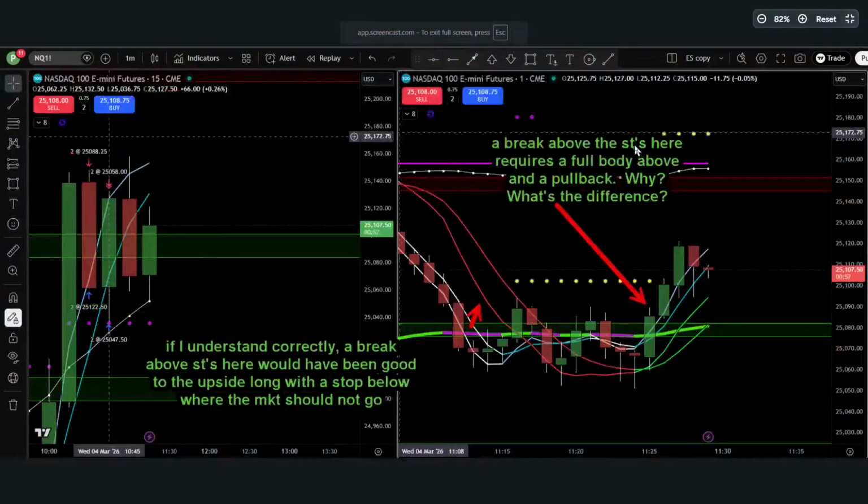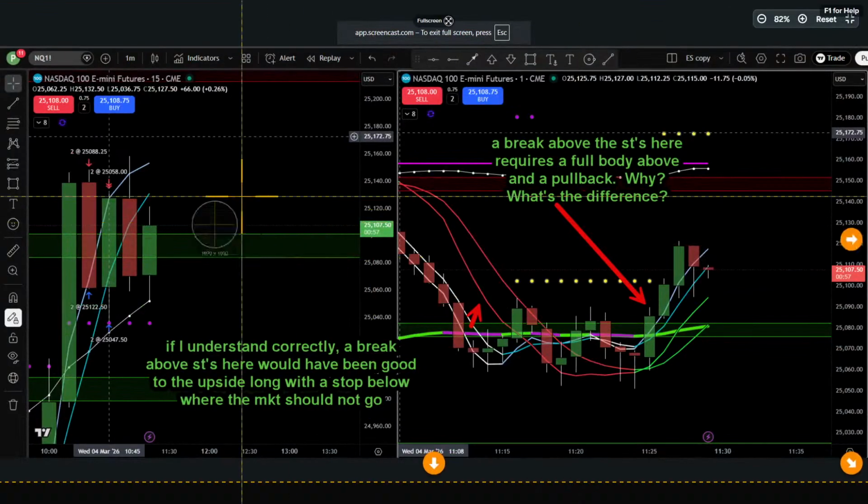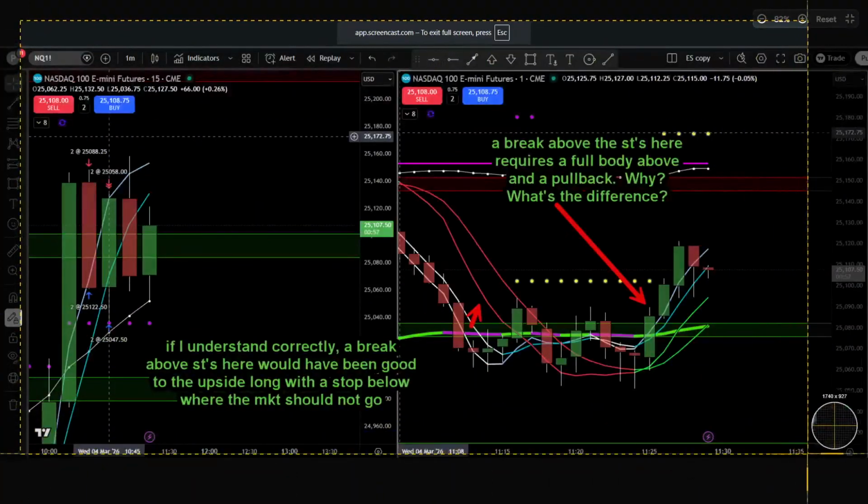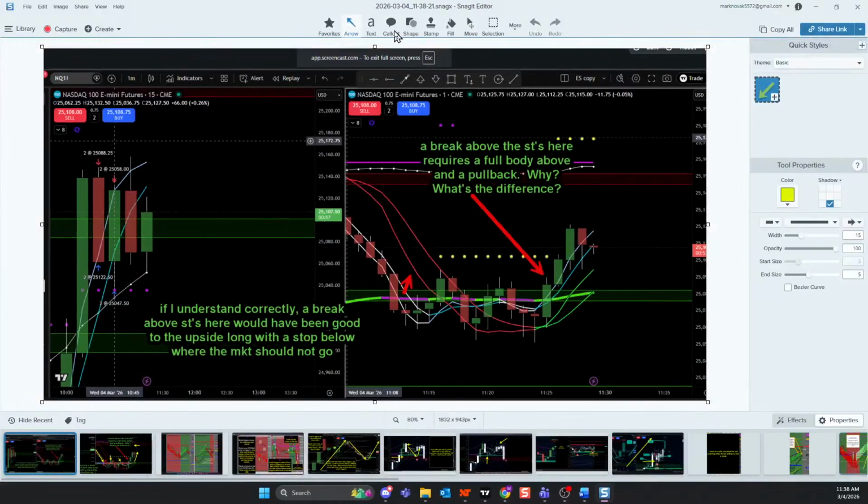So Jen says, but what about the one that closed above it? Jen, will you show me your plan that says jump in because the bar closed above? Don't we still need a pullback and a close above? That's the one that made it support.